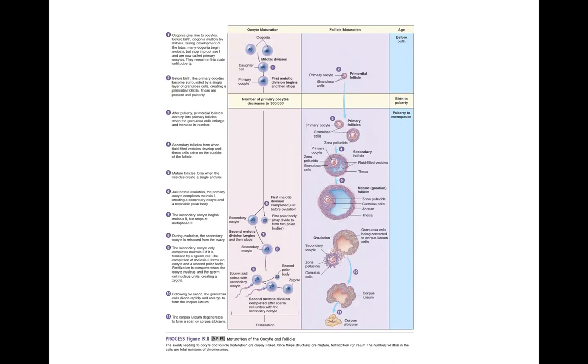So before we move on, just remember that the stem cells for the ova, which are in the ovaries, are known as oogonia. Here we are talking before birth, okay? So the oogonia are the stem cells.